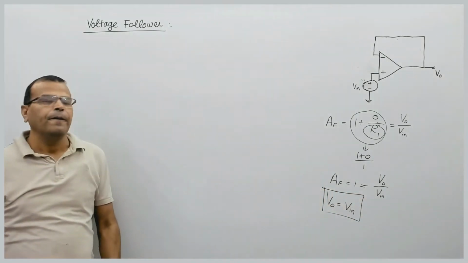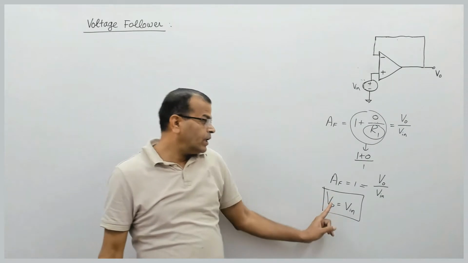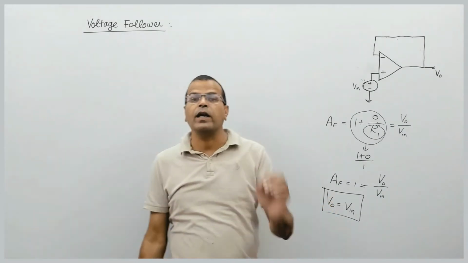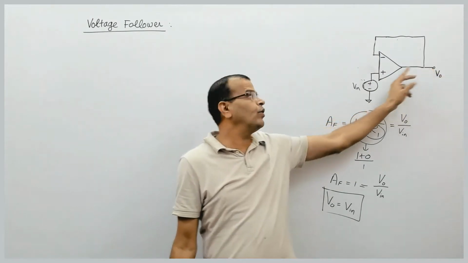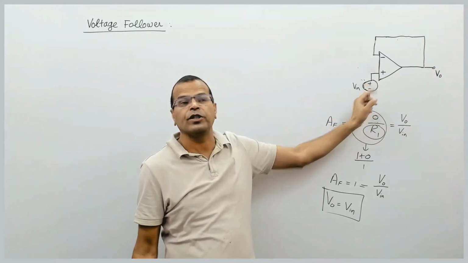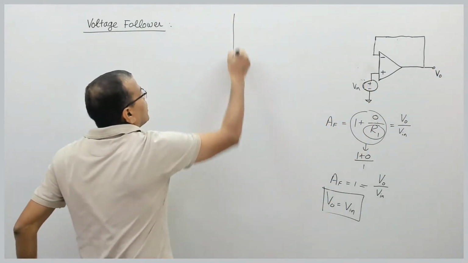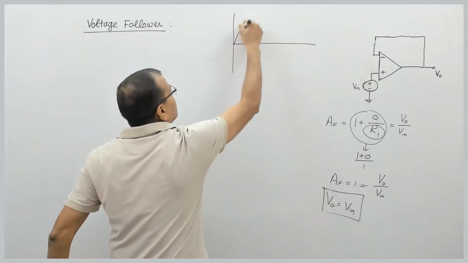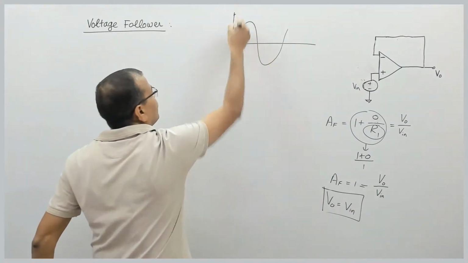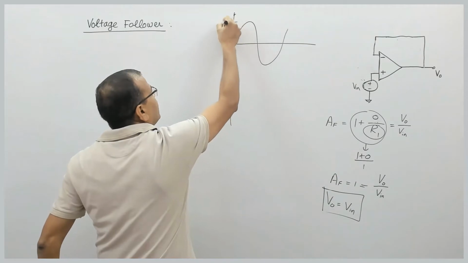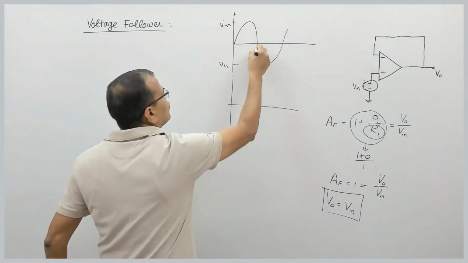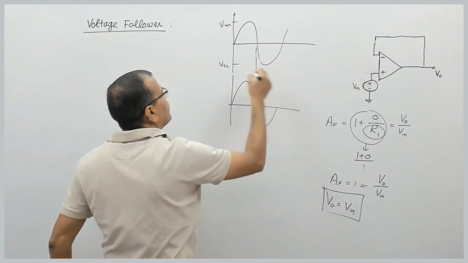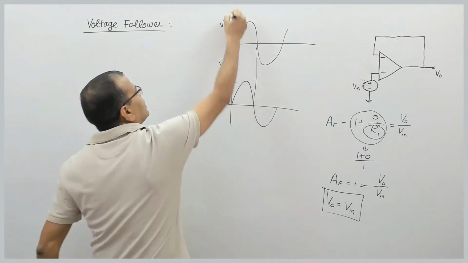Since the output voltage is the same as the input voltage, I can say the output voltage follows the input voltage. Whatever the input voltage is, say this is Vin, the output voltage will also be the same.